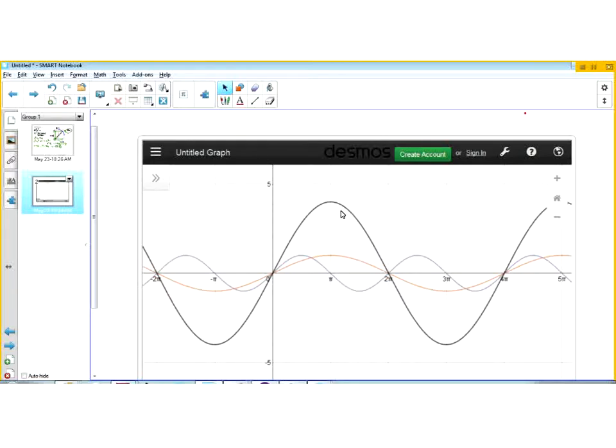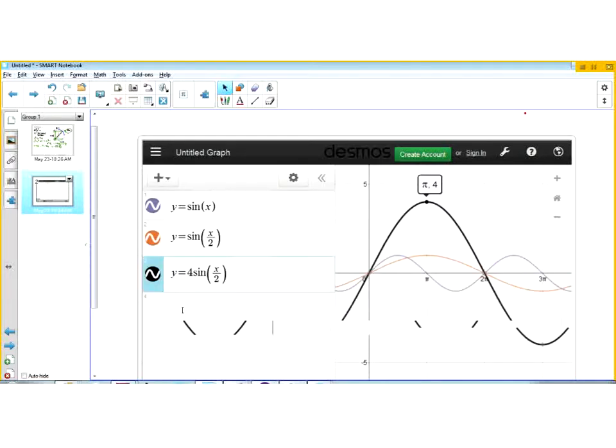Okay, so we had a horizontal stretch culminating in the orange curve, and then we had a vertical stretch culminating in the black curve. So even though we stretched the orange curve vertically, its period is still 4 pi, as you can see. Right? So its local max is at pi right there.